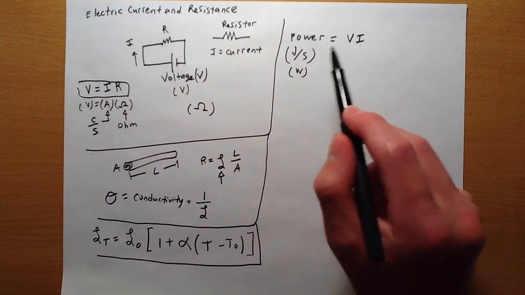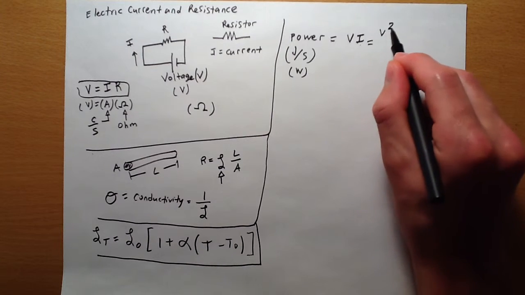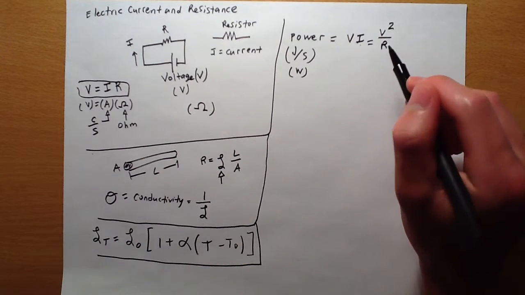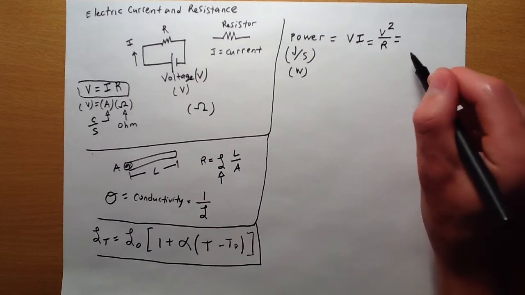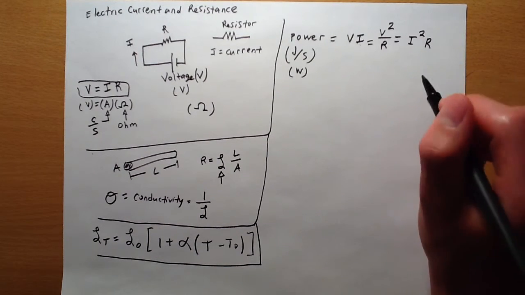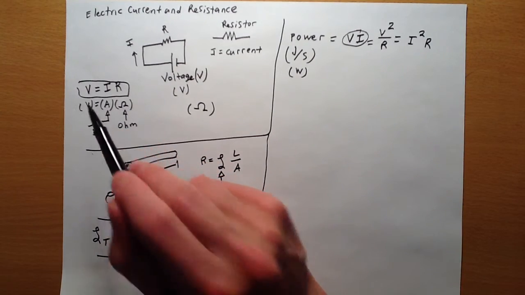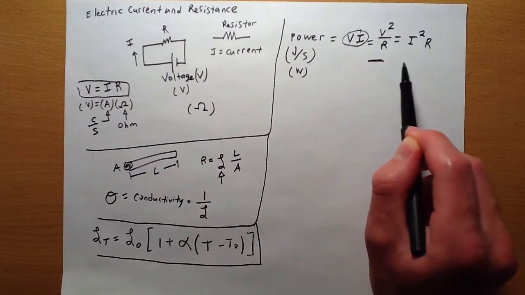Using Ohm's law, we can transform the power equation to V squared over R, voltage squared divided by resistance, and we can also transform it into I squared, current squared, times resistance. So taking this, plugging in different values for Ohm's law, changes the power equation to other forms.